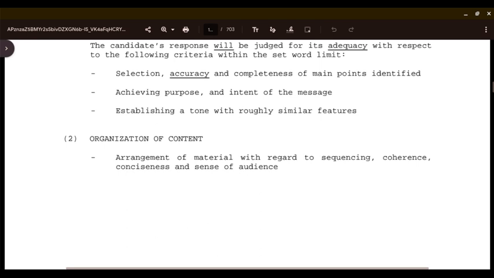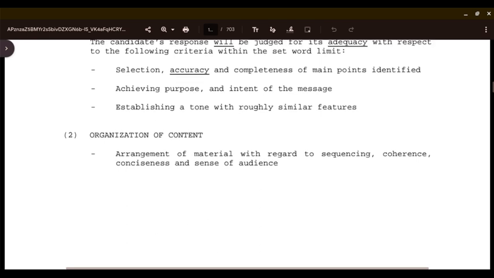Is this an article that's addressing people who own dogs and how to take care of them, or is this an article addressing a first-time pet owner who has zero clue about how to take care of the pet but really wants a pet? That's a different audience. Again, you should get this information in your head when you follow the content part, when you analyze and figure out your content.